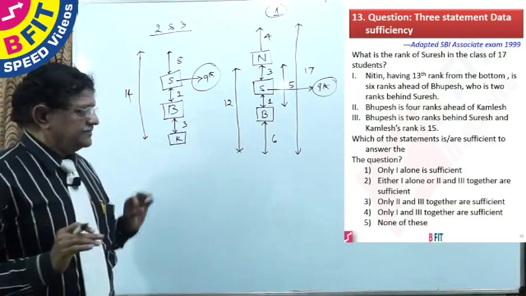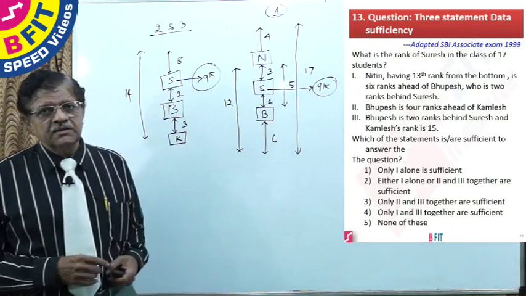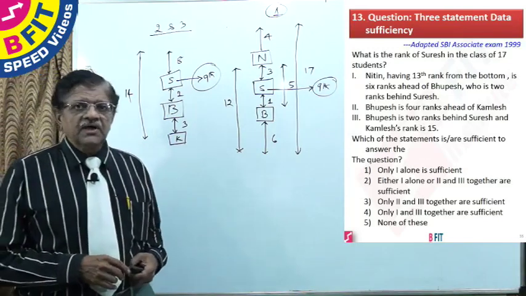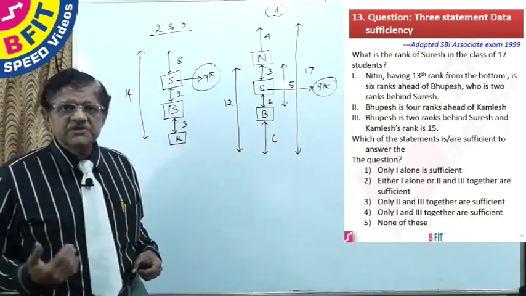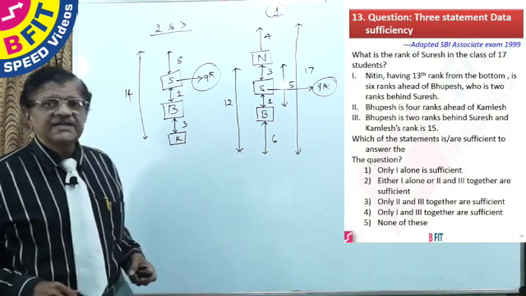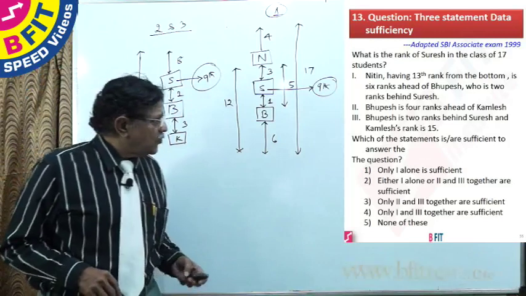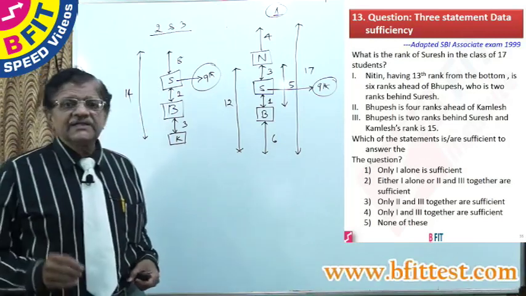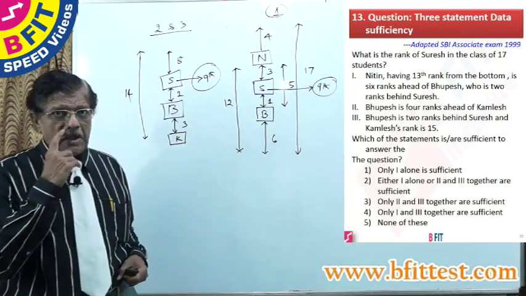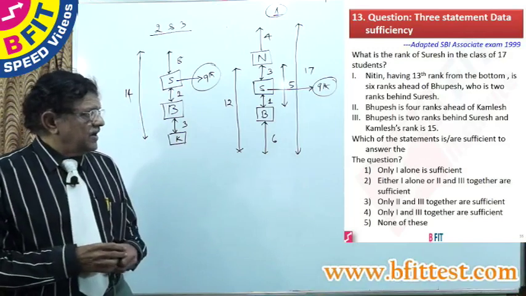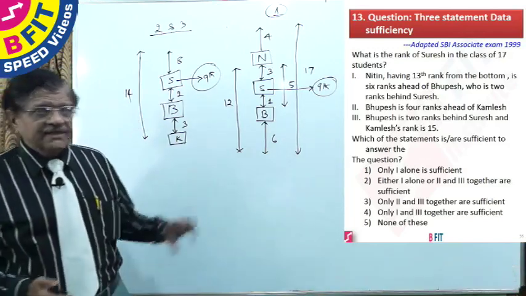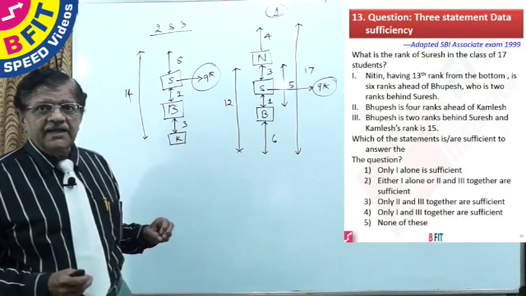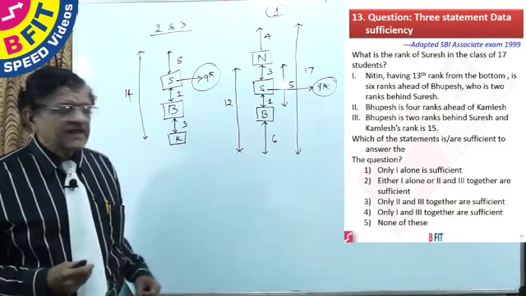So between options 1 and 2, option 2 is correct. Having seen option 2, we cannot stop there. We have to go and verify other options also. What does option 3 say? Only 2 and 3 together are sufficient. Now, are we to draw diagrams like this? Then we will go mad. Let us use a little logic and common sense to arrive at the answer.